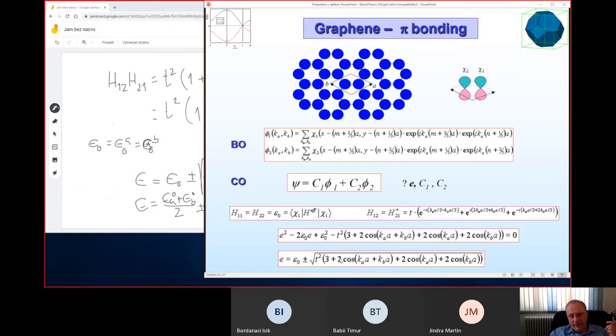So we have apparently 3, and these cosines would give minus 3/2 probably, or 3/4, I don't know. Anyway, this term in the parentheses must be cancelled, so we obtain the original value of E0. We can substitute it for the L point and check whether it is really 0.